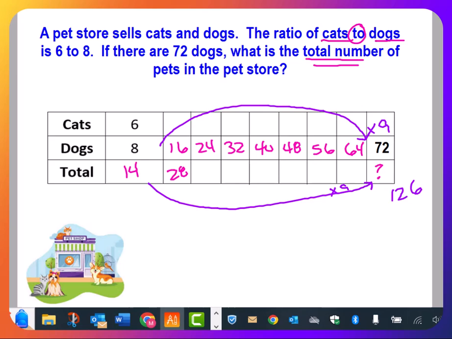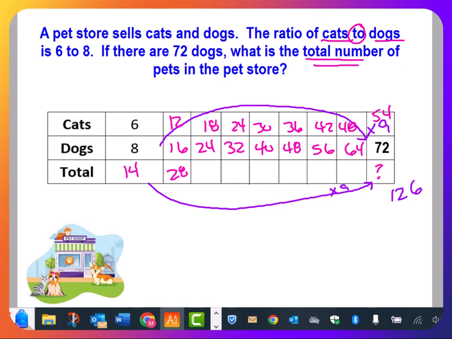Okay, the other way, let me change my color here. I'm going to keep with the pink theme back here, is we listed the multiples for dogs. We can list the multiples for the cats. 6, 12, 18, 24, 30, 36, 42, 48, 54.